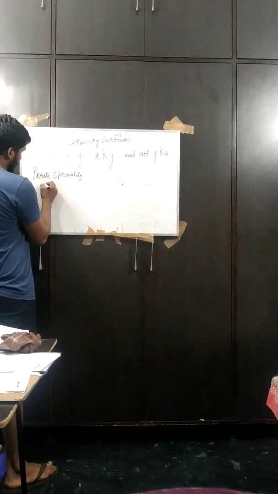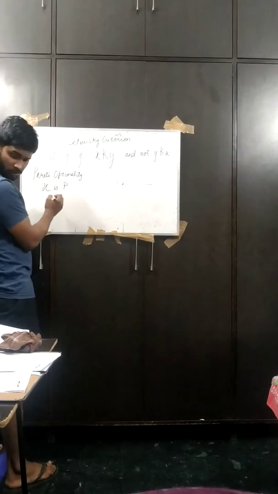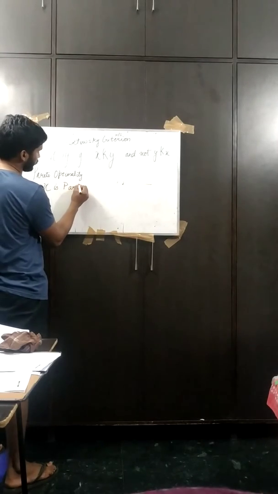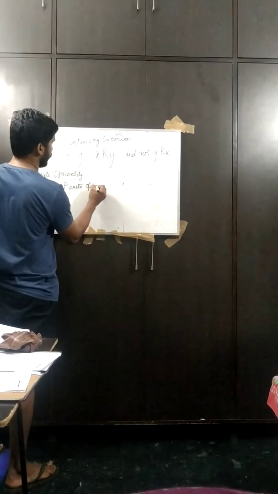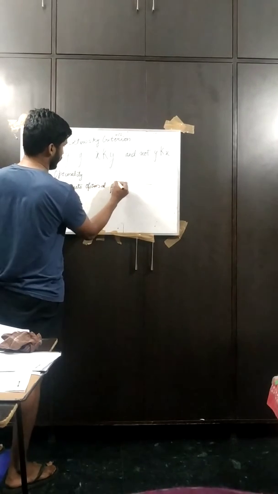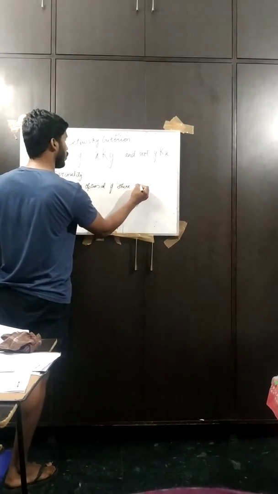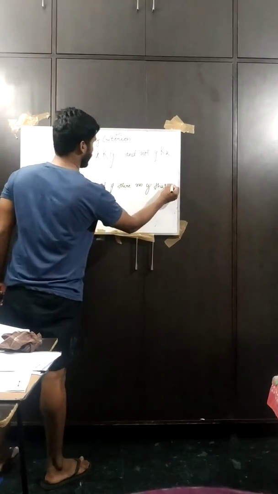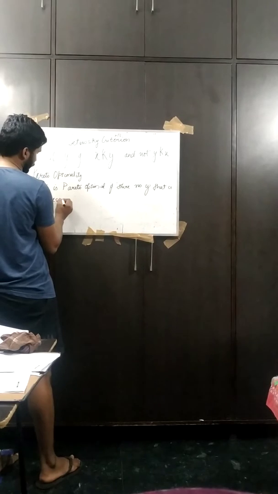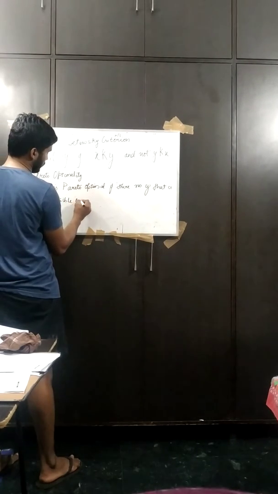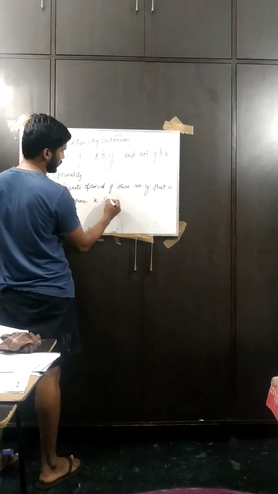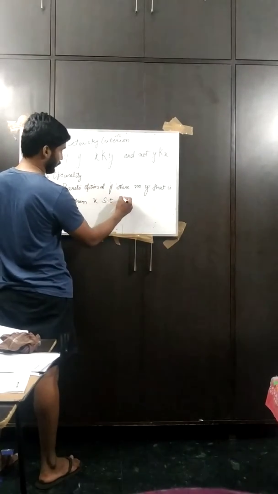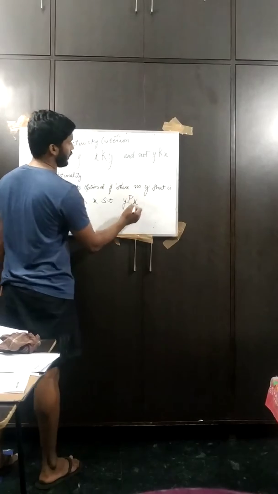X is Pareto optimal if there is no y that is accessible from x such that y is preferred over x.